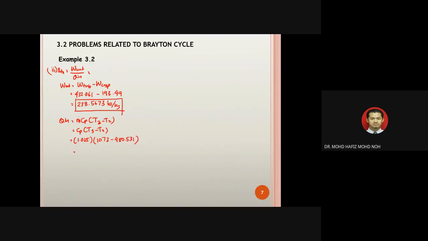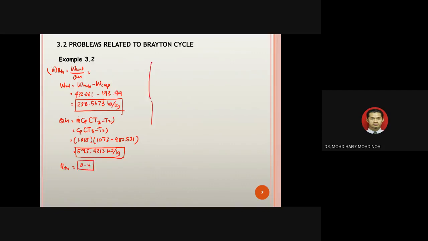Now the value of Q in is equal to 595.4313 kilojoule per kg, right? And then the thermal efficiency is 0.4, okay, right?